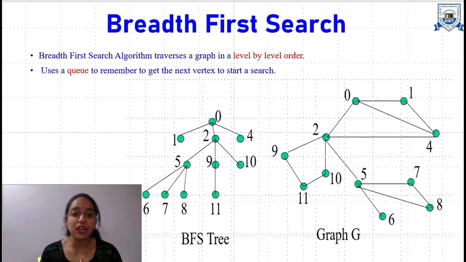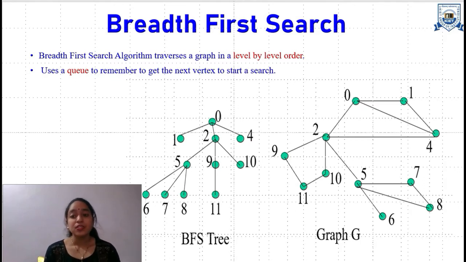The breadth first search algorithm traverses a graph in a level by level ordering, meaning it will visit the vertices of a graph in a level by level sequence. For implementing this technique, we will be using a queue data structure to remember which vertex to be searched next.